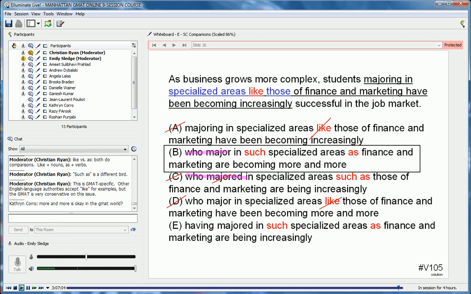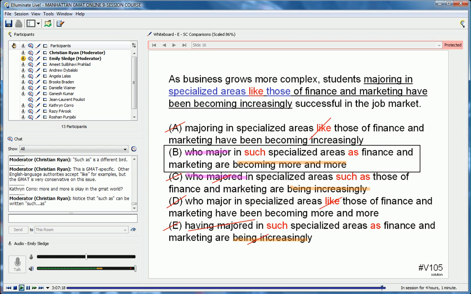"Becoming more and more" is preferred to "being increasingly." So that's a reason that we can get rid of E. Likewise, E has a strange tense of "having majored," and there's no call for that one. So B is right. Yeah, "more and more" is actually the preferred idiom. Very, very unusual, right? It's kind of lengthy, but "becoming less and less" would also be the same thing.